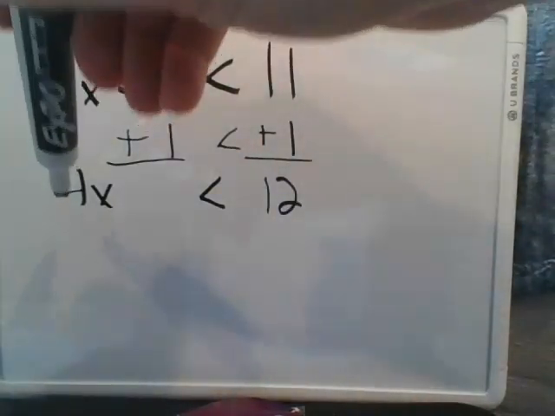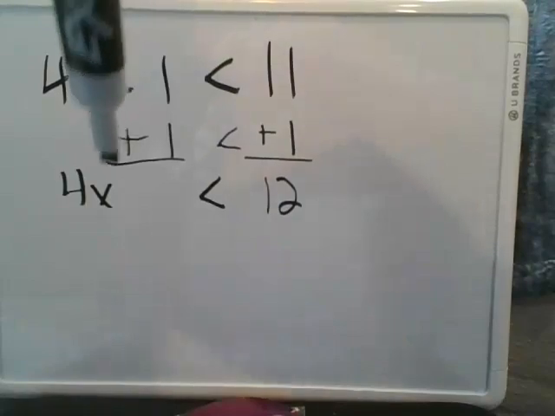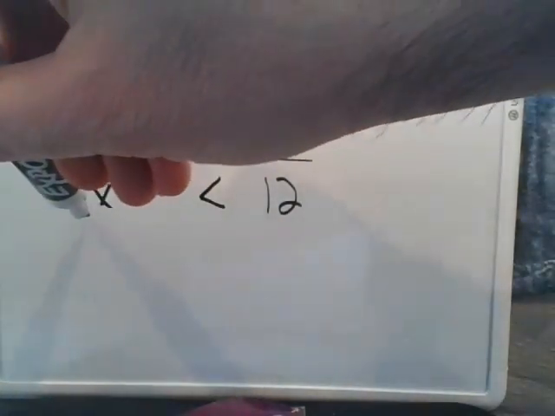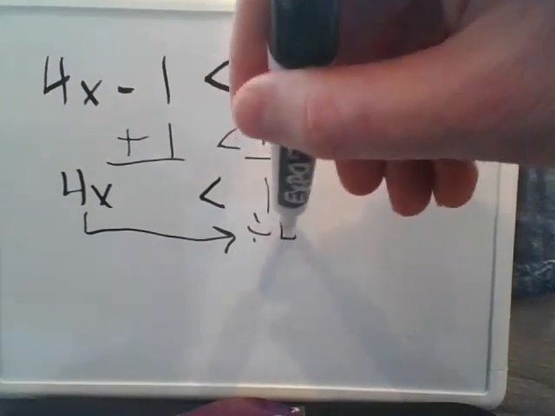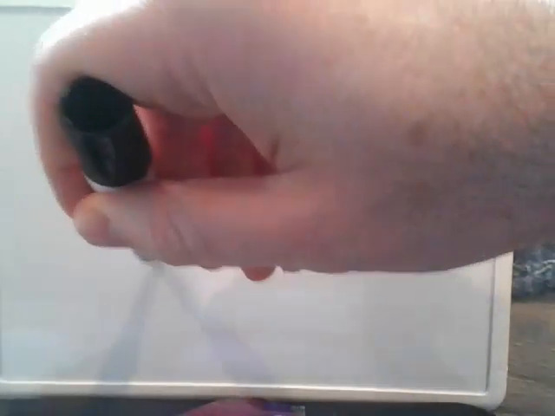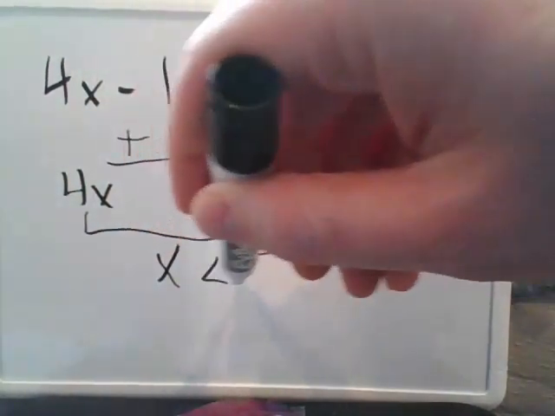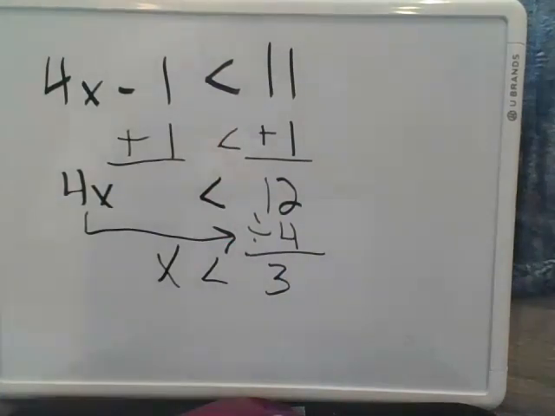So this is saying 4 times something is less than 12. So I divide by the 4, and x is less than 3. So that is how you do the first problem that I have.